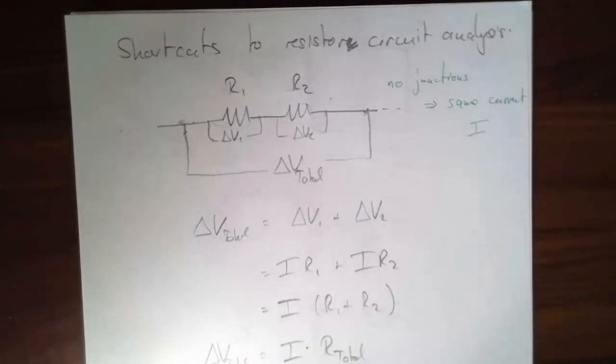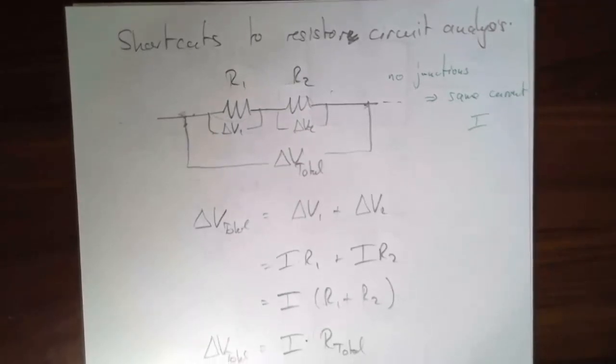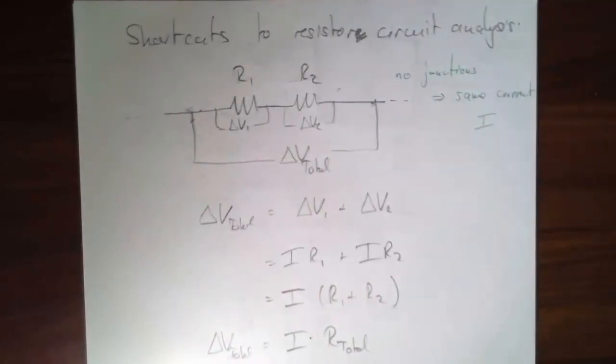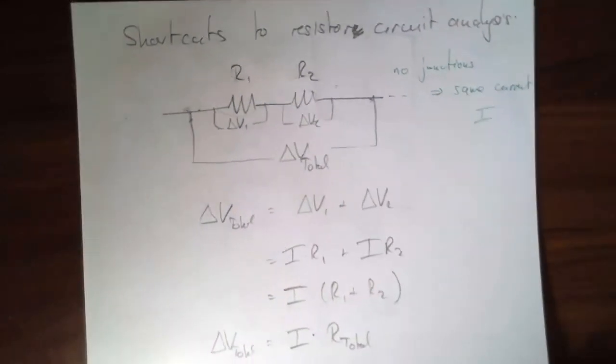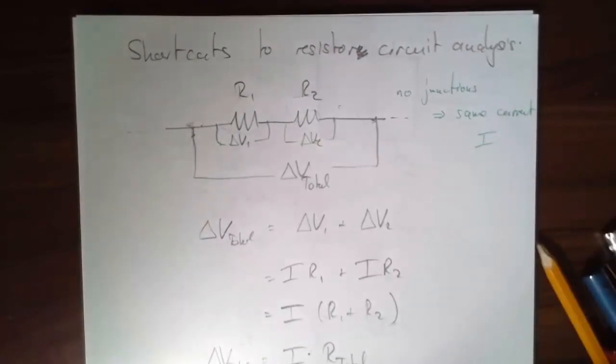Then you will need to explicitly use the loop law and the junction law. But in many other cases, when you only have, say, one battery and a bunch of resistors in some arrangement, you can usually just simplify this circuit step by step using the shortcut rules. Which one is faster? It depends on the particular problem. With some practice, you'll get to figure that out.